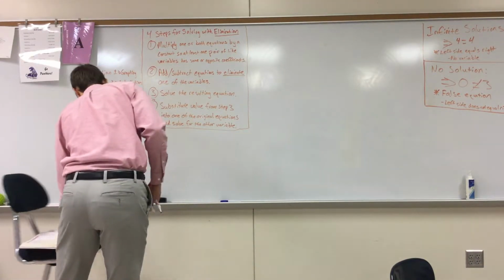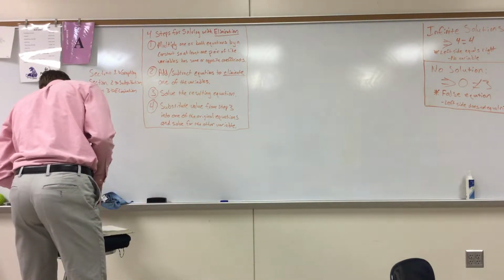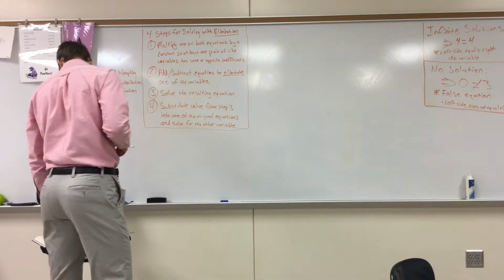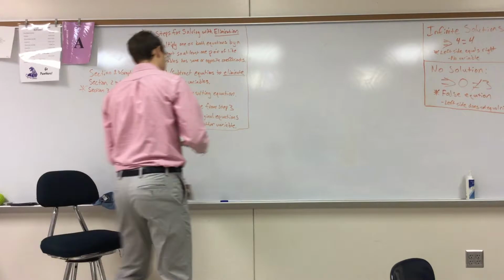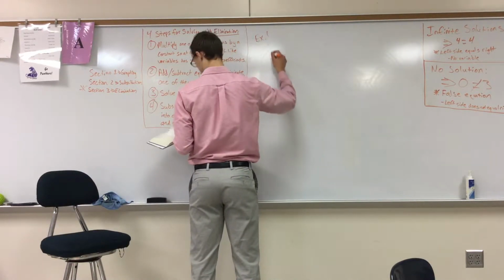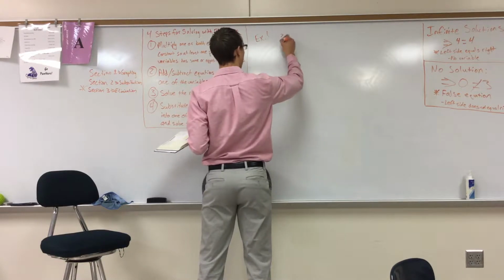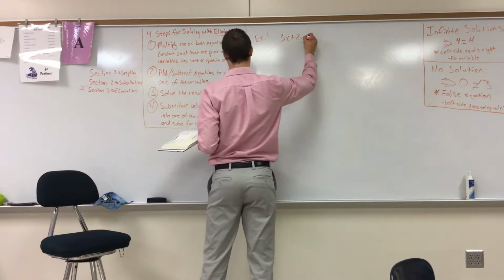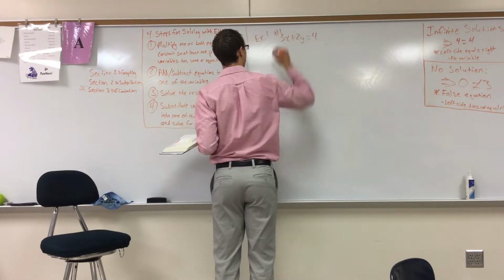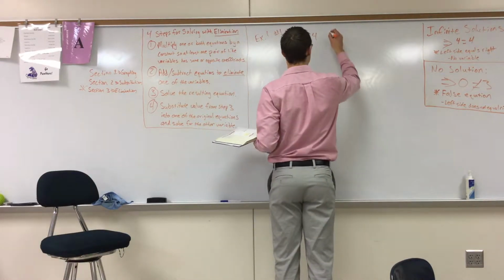So let's look at one example here. Example 1, this is also in the book if you want to follow along and can't read what I'm doing. We have 3x plus 2y equals 4. This is equation number 1.